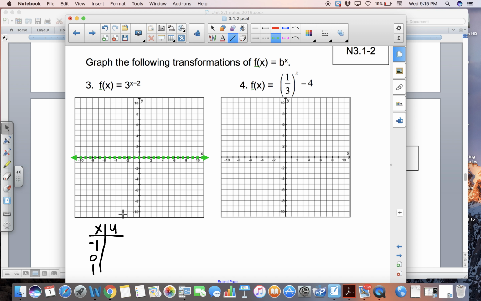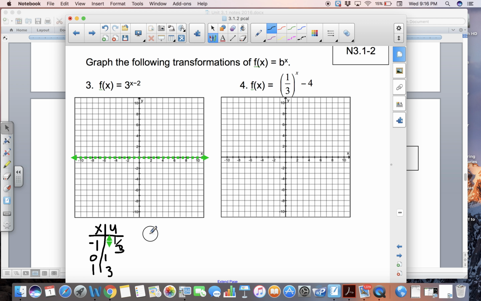Okay. So 3 to the -1 is 1/3. 3 to the 0 is 1, and 3 to the 1 is 3. So remember, this shift -2 means I'm going to the right 2.